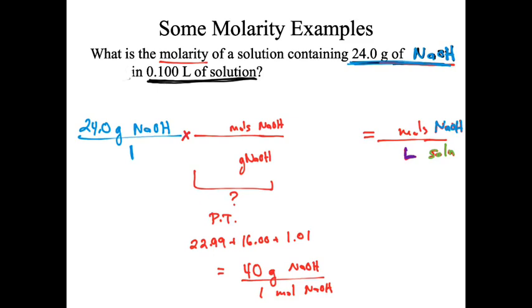Where does the 40 show up in my conversion? Why in the denominator? It's not showing up in the numerator or denominator, it's showing up next to grams. In my calculation, grams shows up in the denominator, which means the 40 needs to go into the denominator.